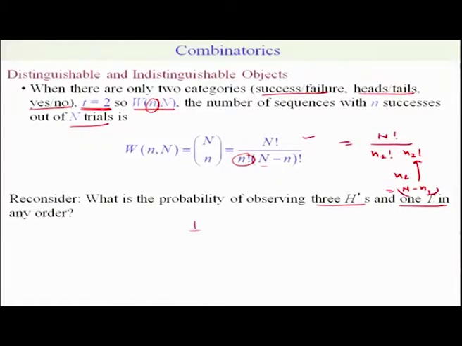We have 1 by 16 as the probability of getting, let us assume, T H H H, and then you can multiply by the number of such possibilities, which should simply be W(3,1), which is nothing but 4 factorial divided by 3 factorial and 1 factorial, which is nothing but 4. So, this would have given simply 1 by 4, the same answer which we got earlier.